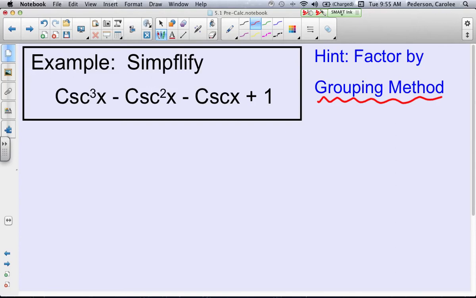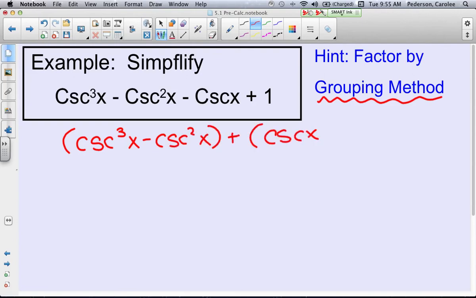So what might we want to group together? The first 2 and the last 2. A lot of textbooks usually set them up with it being in that order already. So we're going to group the first 2 terms and the last 2 terms.